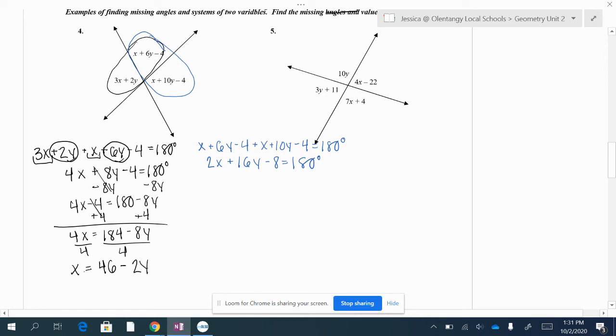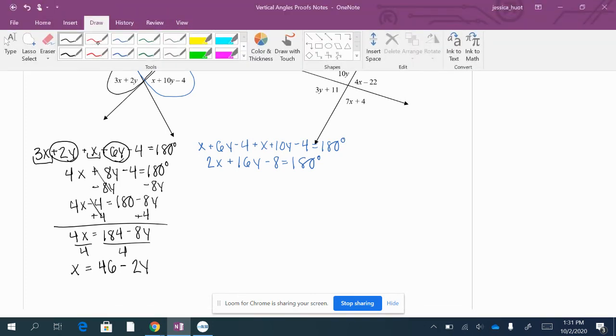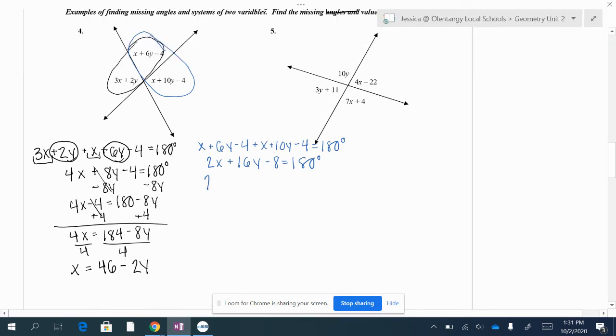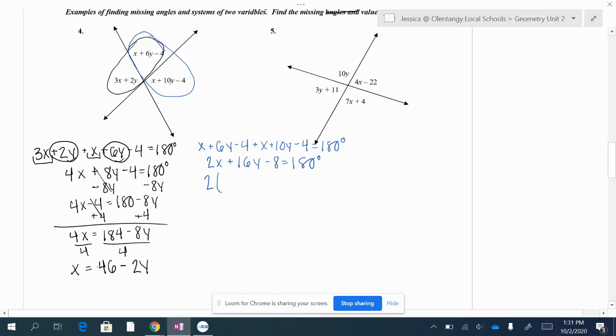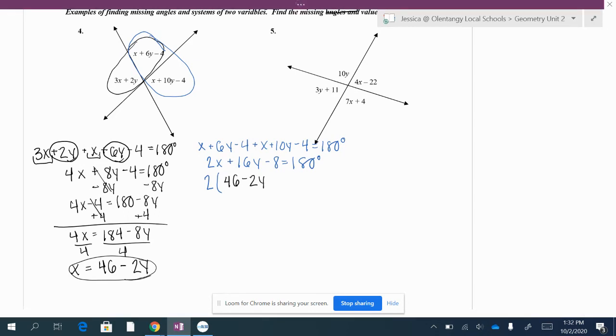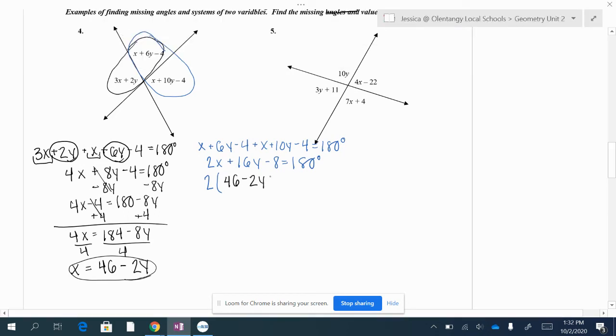Okay, so now I solved this equation for x, and I'm going to plug it into my new equation. So here I have 2, and then I see an x, so I'm going to pause, plug in 46 minus 2y, and then I'm going to continue.